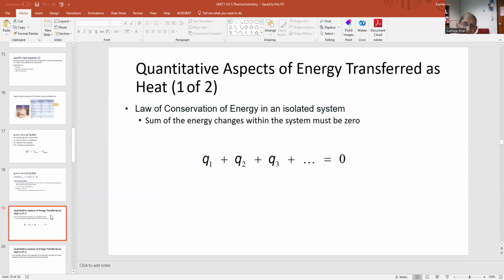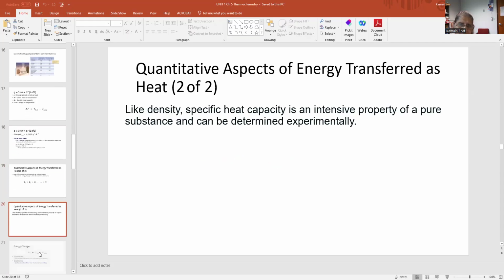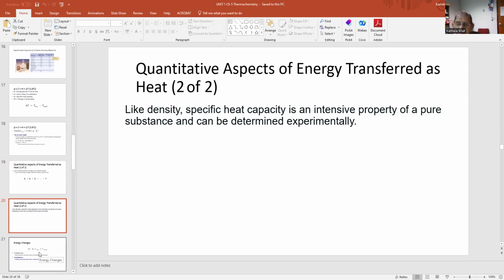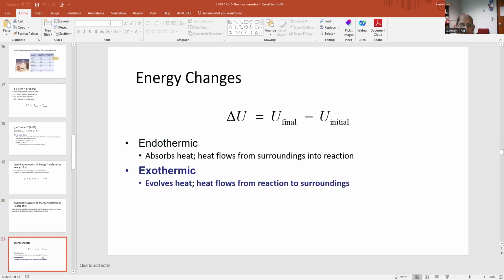Then there are other laws of heat and aspects of energy transfer, and that is the conservation of energy in an isolated system. Whenever you have an isolated system, the changes in energy within the system must be such that the sum total equals 0. Like density, specific heat is an intensive property of a pure substance and can be calculated experimentally.